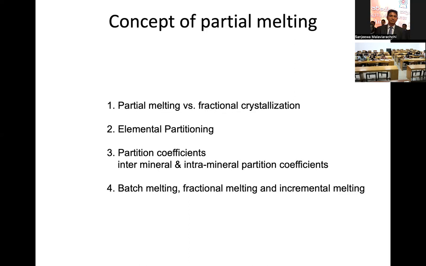So these two processes are taking place almost concurrently. That means while partial melting is taking place in one place, somewhere else the melt which percolated earlier from the source will start to crystallize, provided that a sufficient temperature gradient is there.